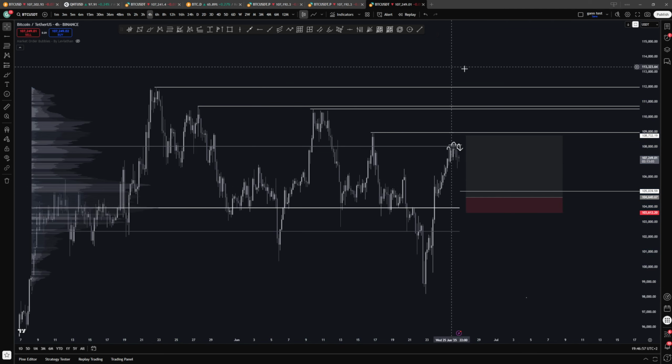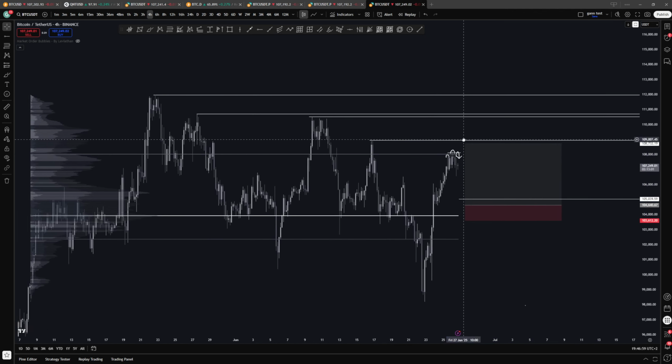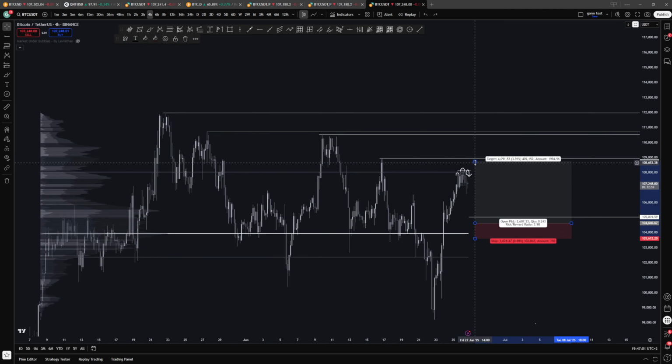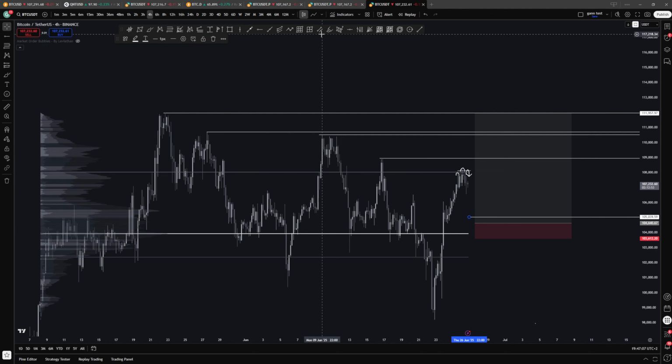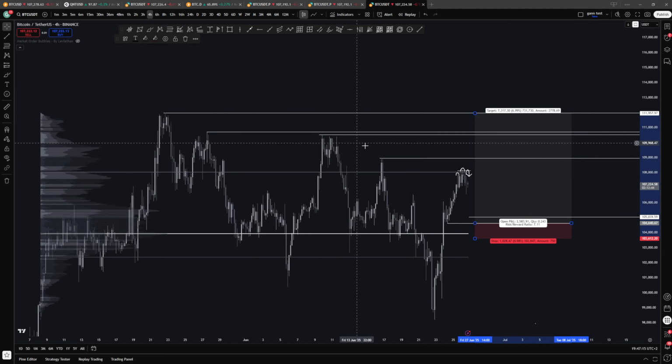So it's a very important level. In general, we already have our targets marked out as well. This would likely be a long I'm going for. The reason being that liquidity level right over here, and our easy targeted liquidity right up there.